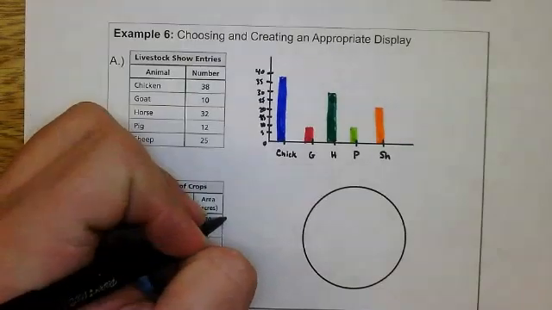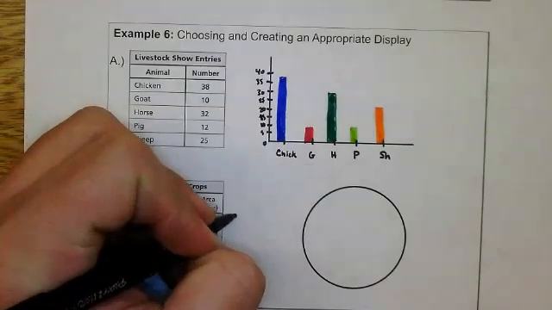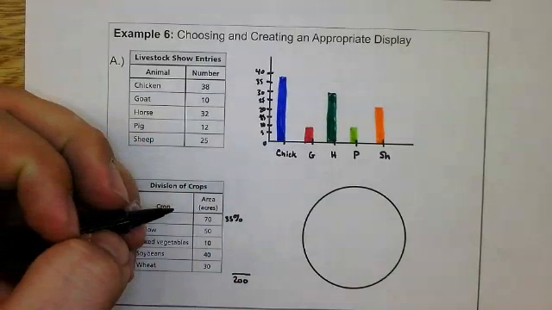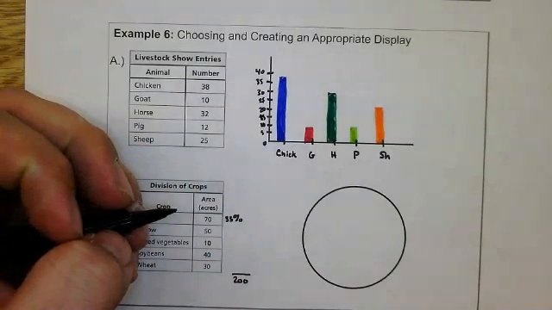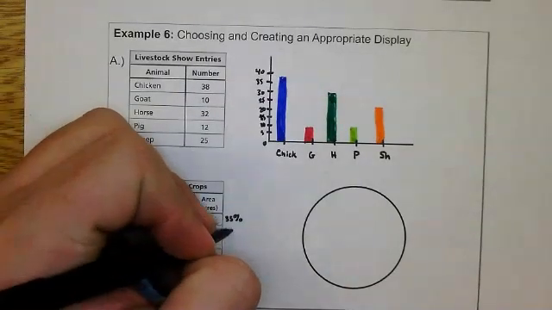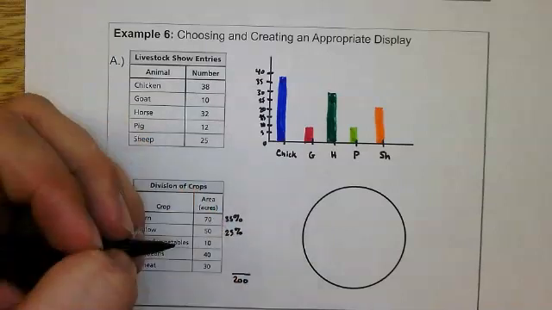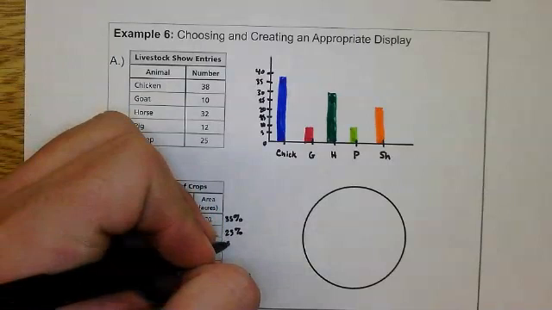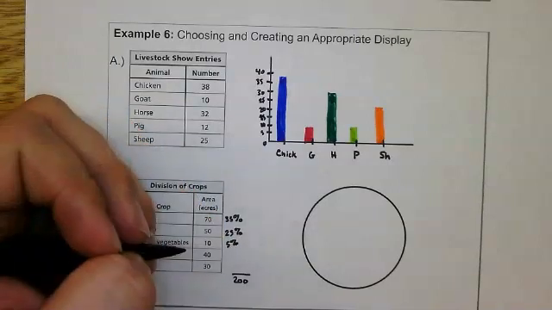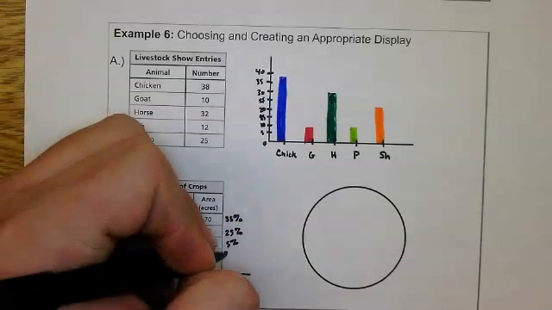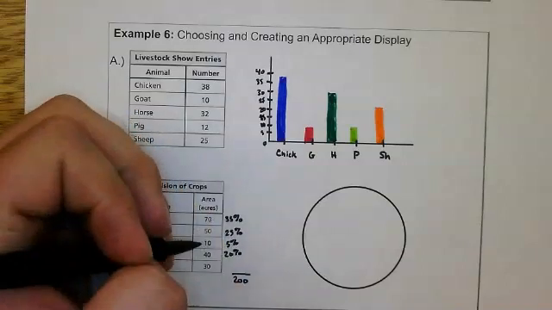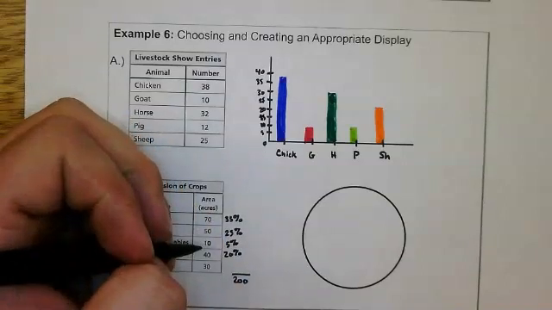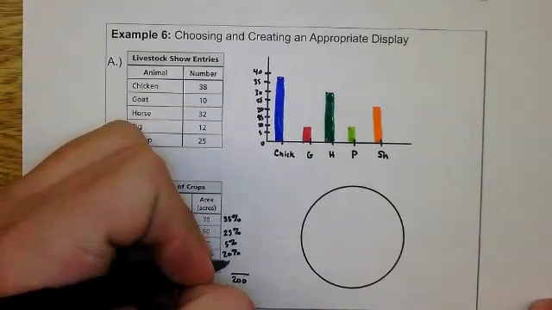So this is 35%. 50 out of 200 is 25%. 10 out of 200 is 5%. 40 out of 200 is 20%. And then 30 out of 200 is 15%.